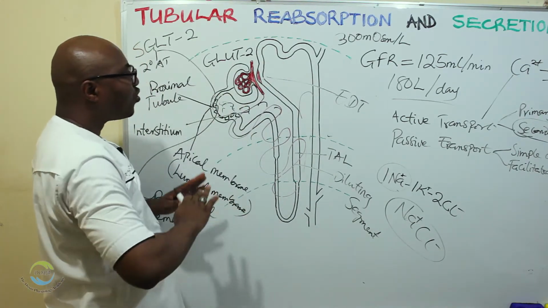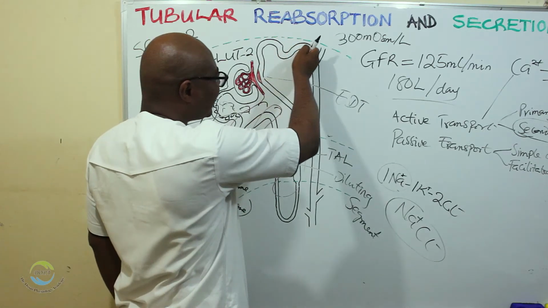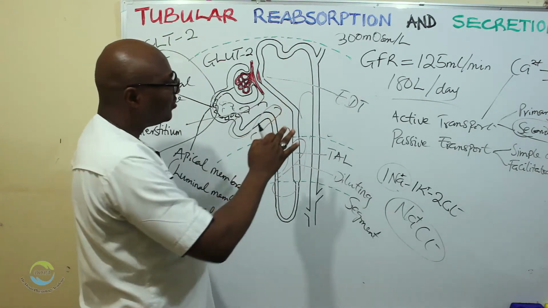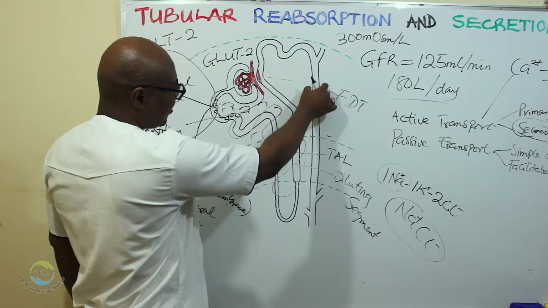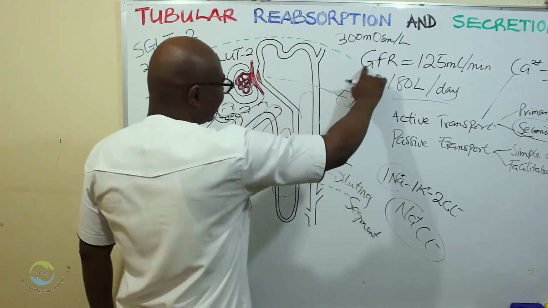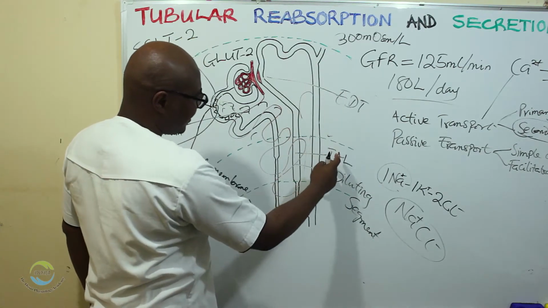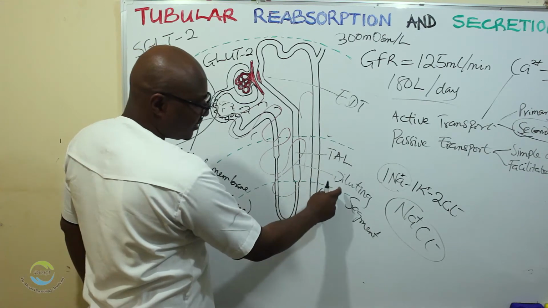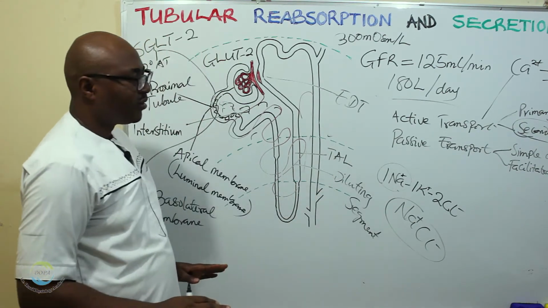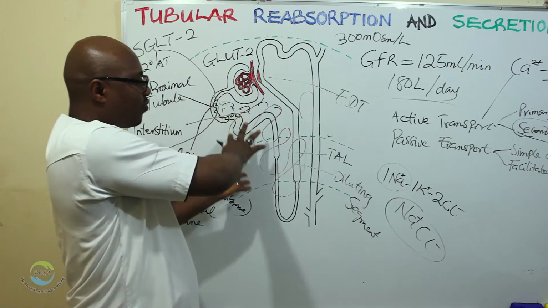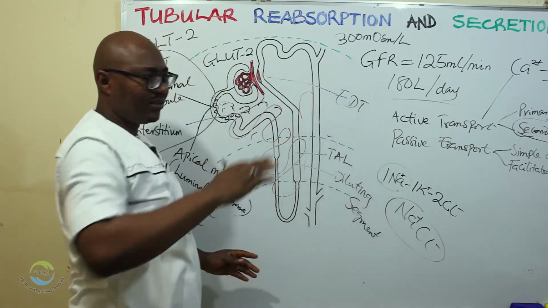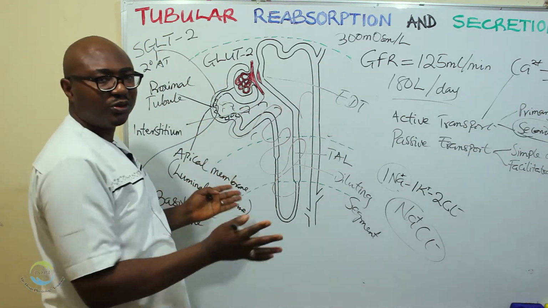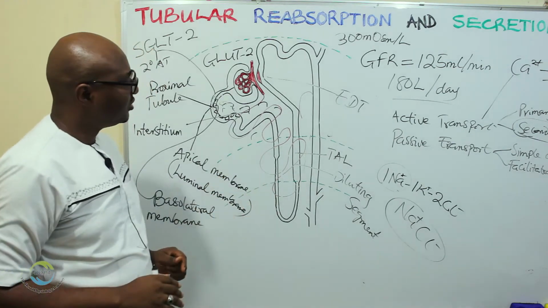All right? So now we are in the late distal tubule and collecting ducts. Now here's the cortex, here to here. Here is the outer medulla, inner medulla. So a lot has happened up to this point. A lot of reabsorption and secretion.